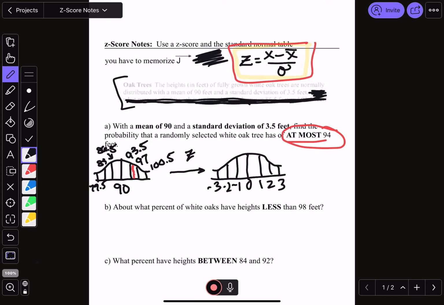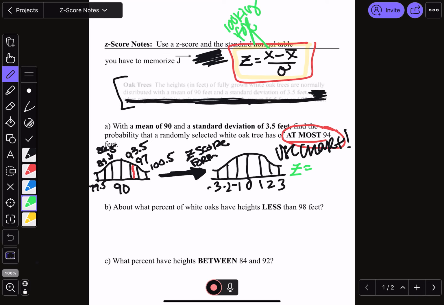So this z-score formula turns my information into means of zeros and standard deviation of ones, okay? This will help us. So now we're going to use the chart, but before we use the chart, we need to plug our information into the formula at the top, okay? So z is equal to, now the x represents what you're looking for in your question.